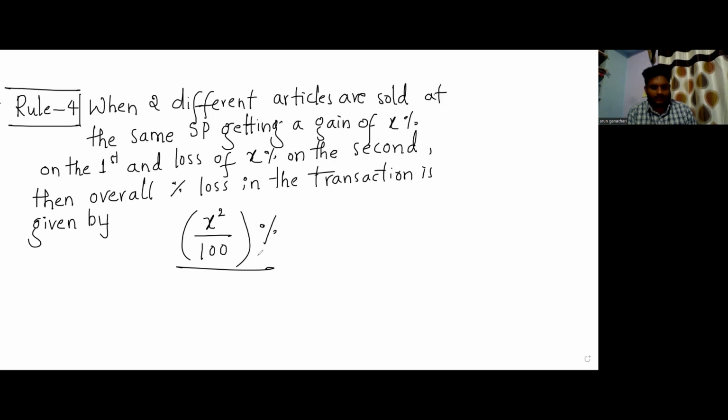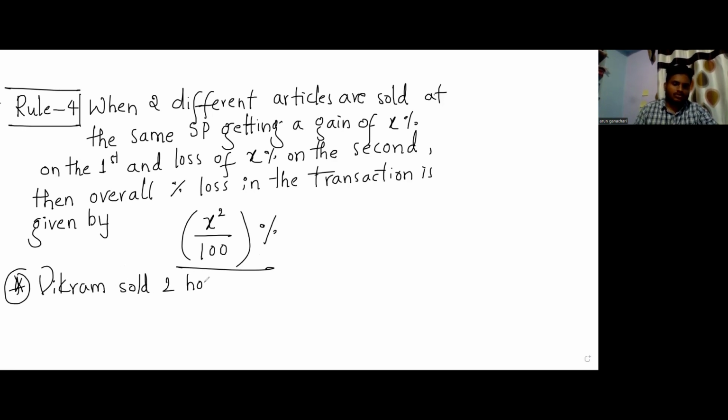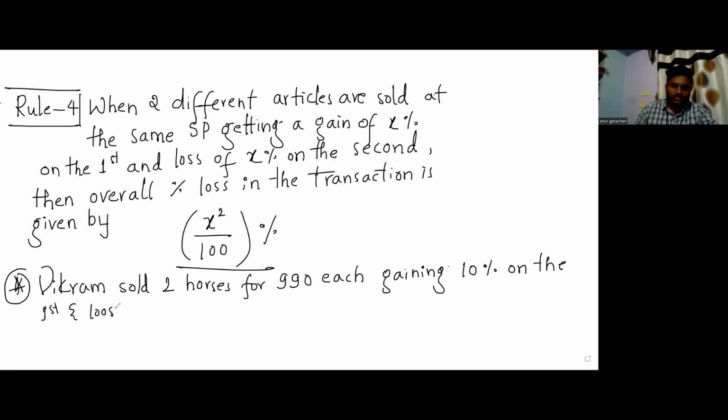Done? Yes, sir. Okay, take down one question. Vikram sold 2 horses for rupees 990 each, gaining 10% on the first and losing 10% on the second.